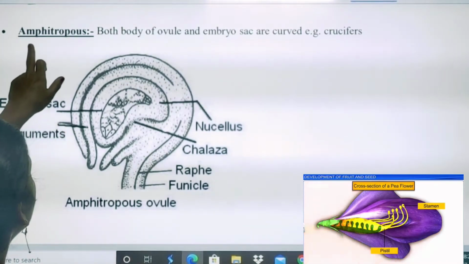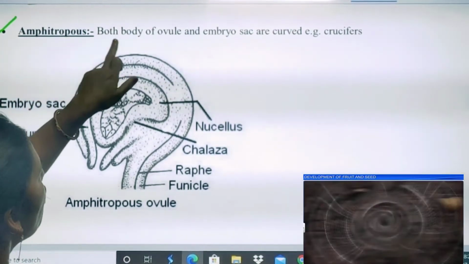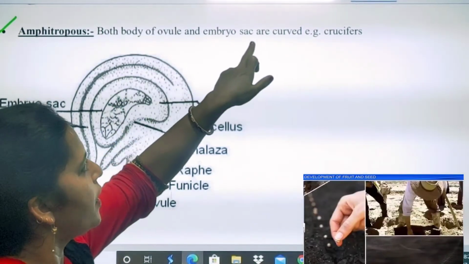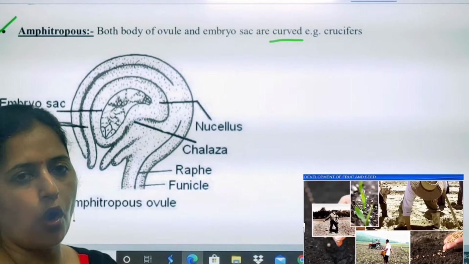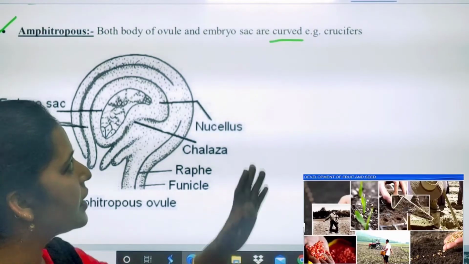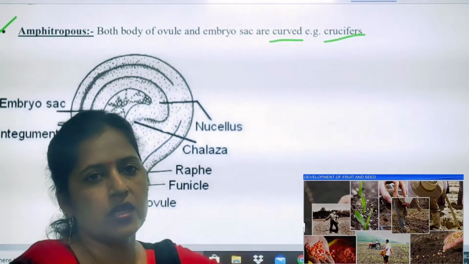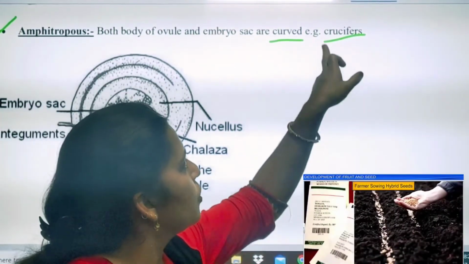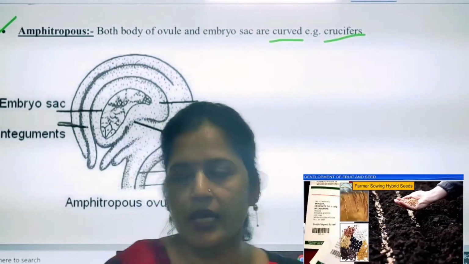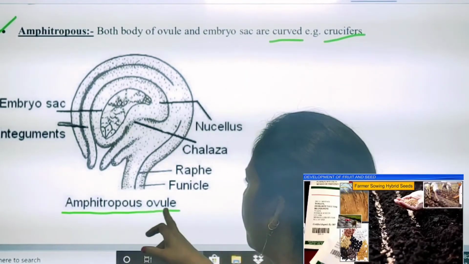Next is the amphitropous ovule. Both the body of the ovule and the embryo sac are curved. Example: Cruciferae. The common example of the amphitropous ovule is the cruciferous plants, and this is the diagrammatic representation of the amphitropous ovule.